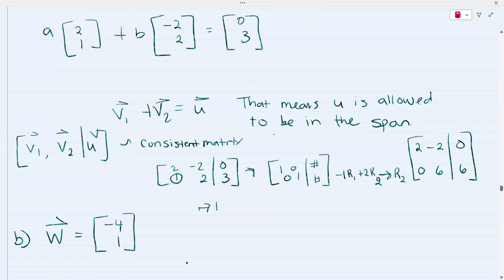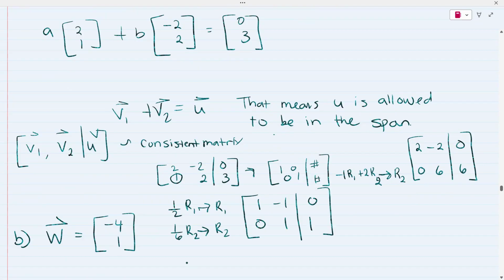So row 1 would be 1/2 row 1, and the second one would be row 2 multiplied by the scalar 1/6. When you do all that, 2 times 1/2 is 1, -2 times 1/2 is -1, and then 0 times 1/6 is 0, 6 times 1/6 is 1, and 6 times 1/6 is 1.